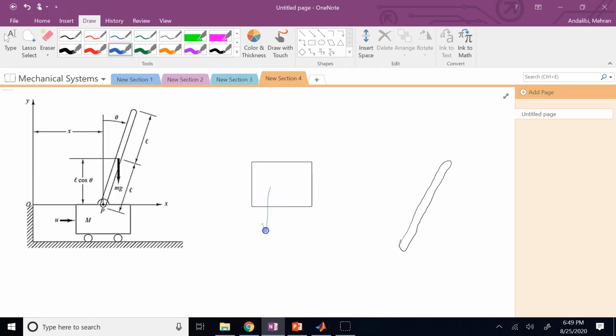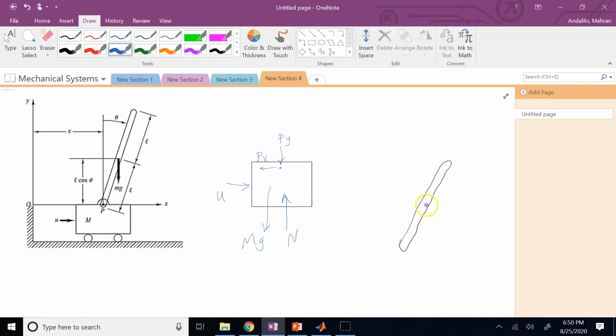Of course, cap M times G, a normal force N. Then we have the external force U. And then at pin P, we have two forces, right? So there is one horizontal force and one vertical force. I call them PY and PX, pin reactions. Okay, so this is the FBD of the cart.